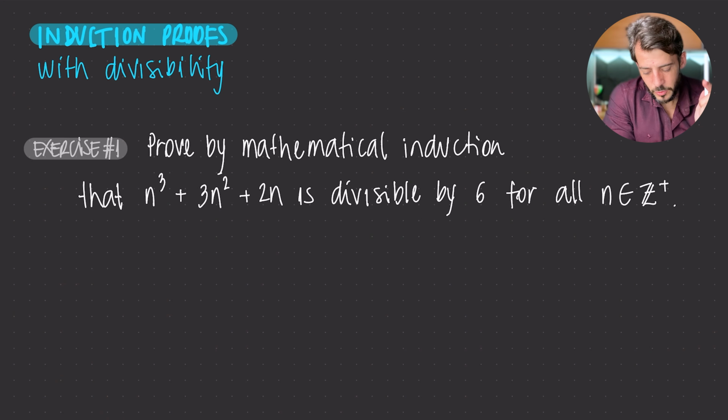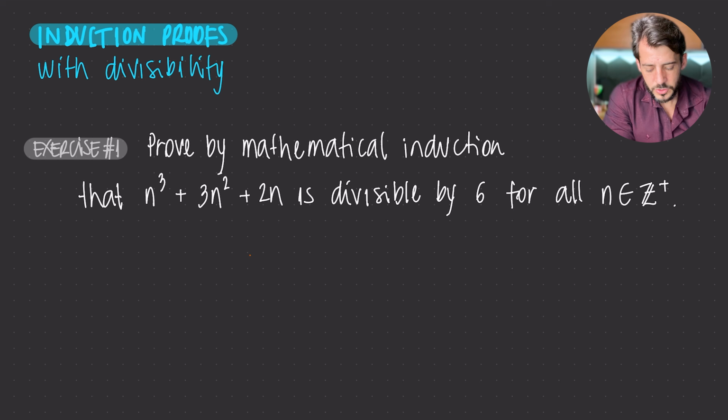Prove by mathematical induction that n cubed plus 3n squared plus 2n is divisible by 6 for all positive integers. Now, this is a perfect place to talk about the similarities between being divisible and being a multiple.